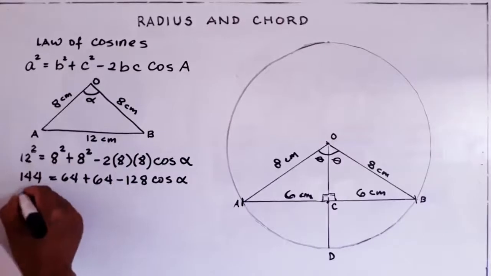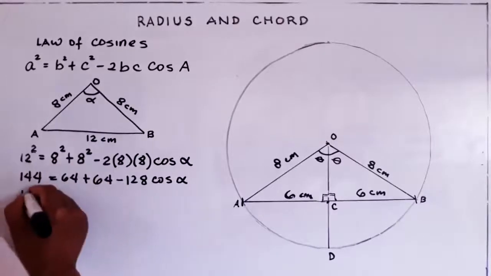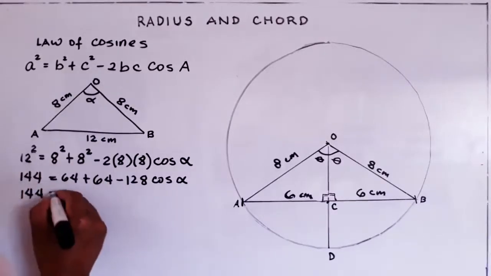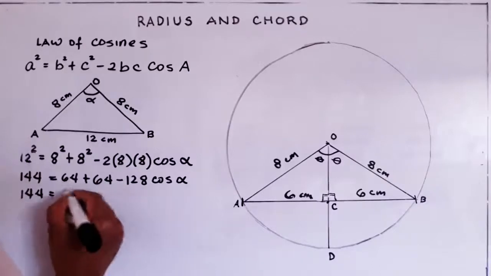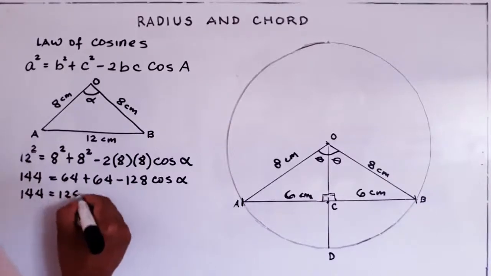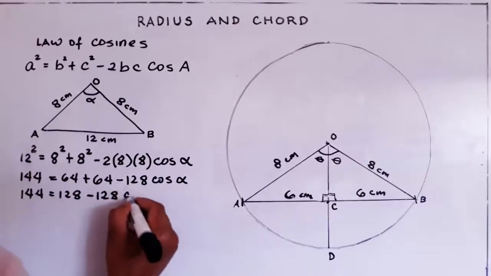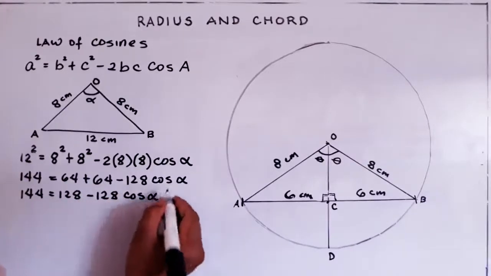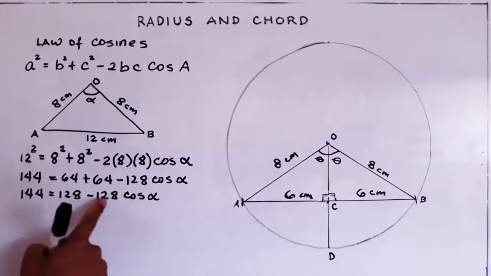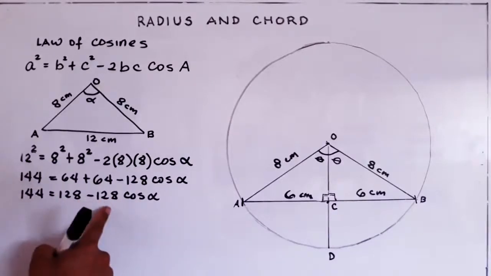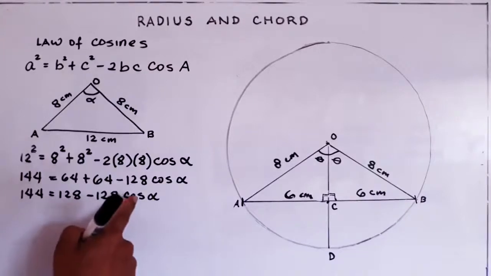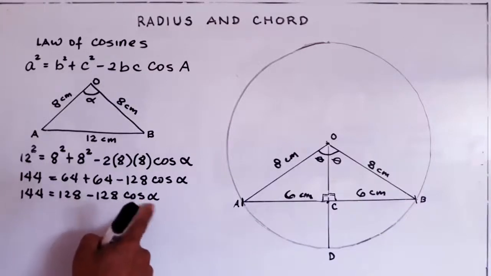Okay, we add 144 is equal to 64 plus 64 is 128 minus 128 cosine alpha. Do not subtract 128 and 128 because the 128 here should be multiplied by the cosine alpha, which we do not know yet.